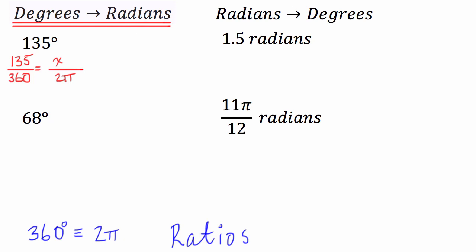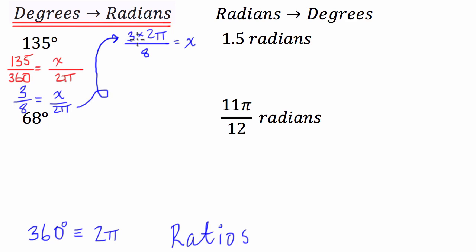So what I then do is I can simplify this. I know that 45 goes into both of them. So 45 goes into 135 3 times, and 45 goes into 360 8 times, and that's equal to x over 2 pi. Now let's take it up here. What we've got now is I'm going to just use a bit of algebra. I'm going to take the 2 pi up to the numerator on the left-hand side, and I'm going to have 3 times 2 pi over 8 equals x.